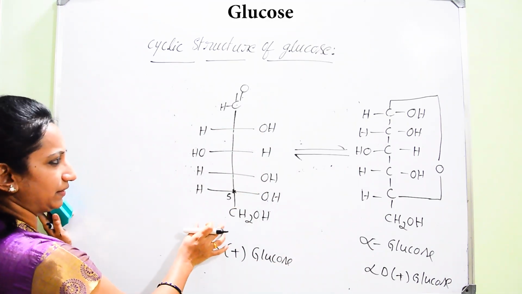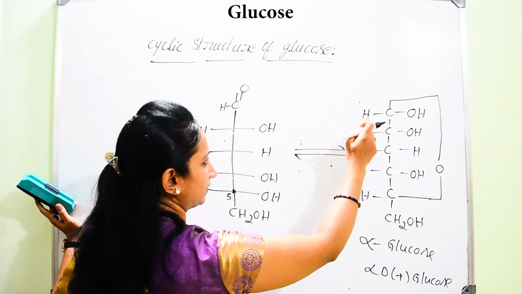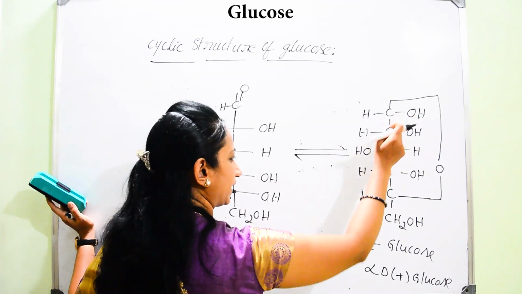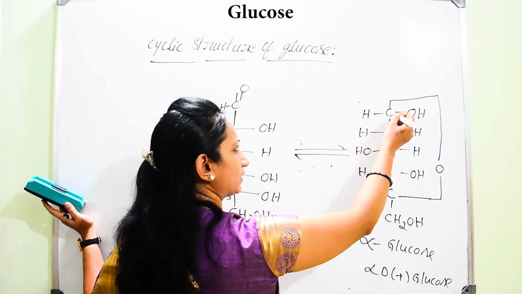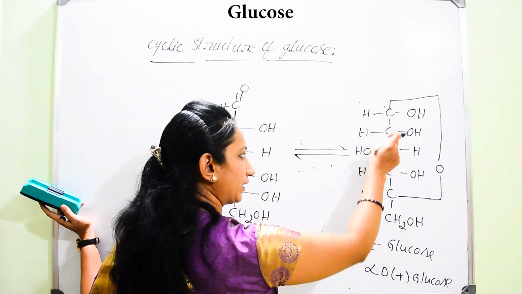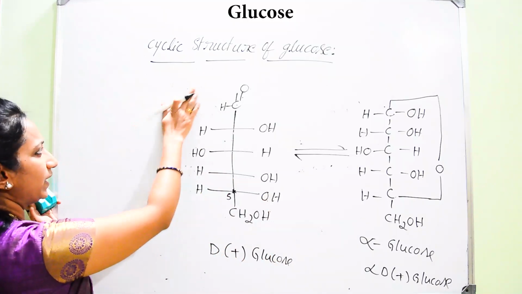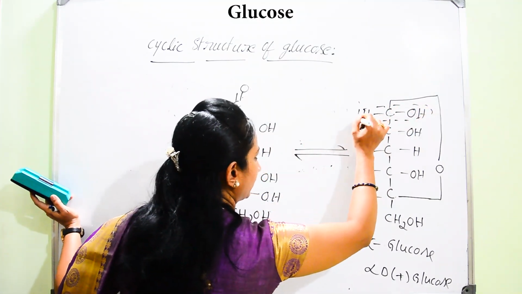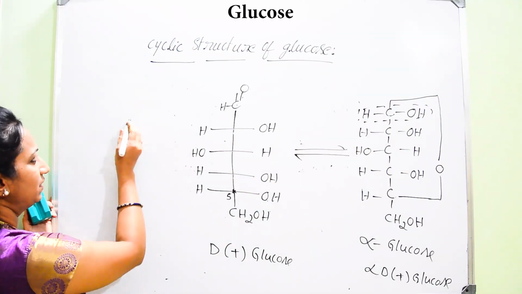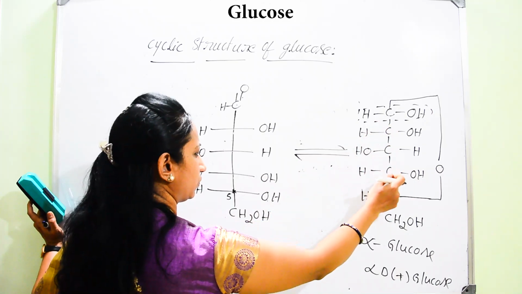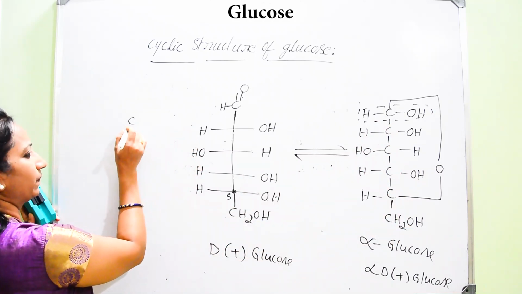Now similarly, instead of writing this H on the left hand side and OH on the right hand side, I will make the difference with respect to the first carbon atom of glucose. I am going to change only the first carbon atom. So just observe here. Let me write the carbon atoms: 1, 2, 3, 4, 5, 6.